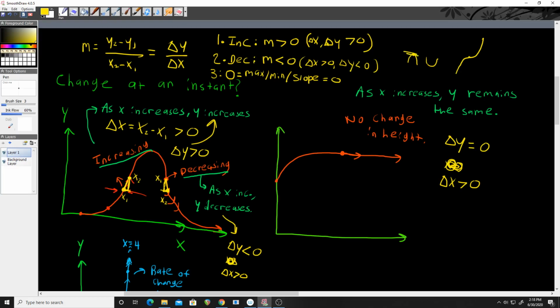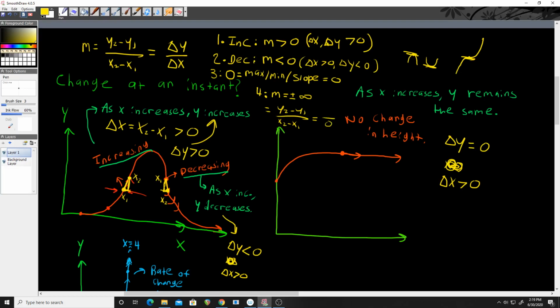It's either here, or it's here. And then finally, the slope could be plus or minus infinity. This is where y2 minus y1 over x2 minus x1 happens when the denominator becomes 0.